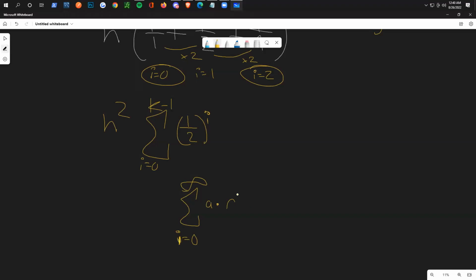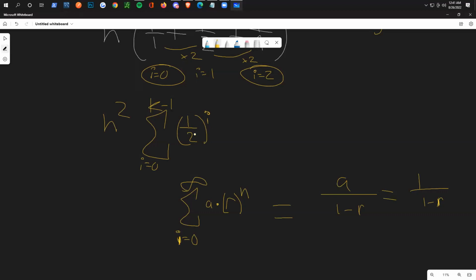A is just a term that you multiply. In these examples, A is always going to be 1. So really, it's just 1 over 1 minus R. R is what changes in these examples. They don't expect you to know this.